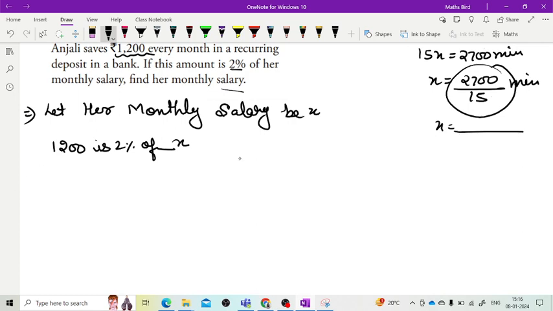So we will write like this, 2% of x is equal to 1200.